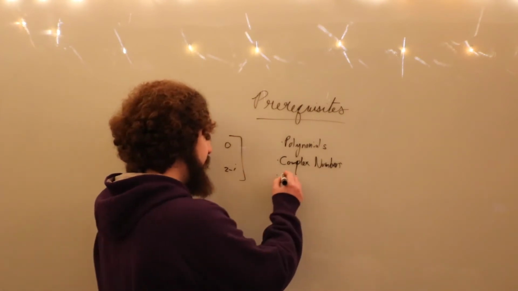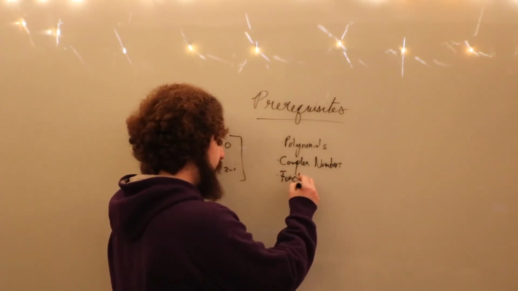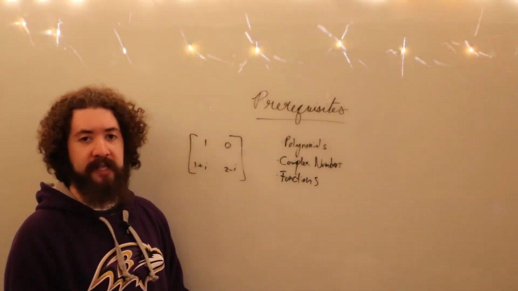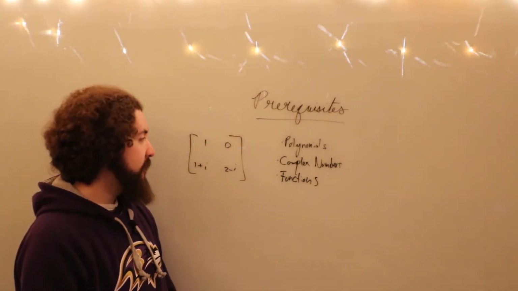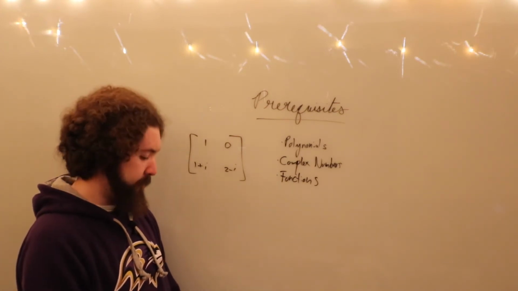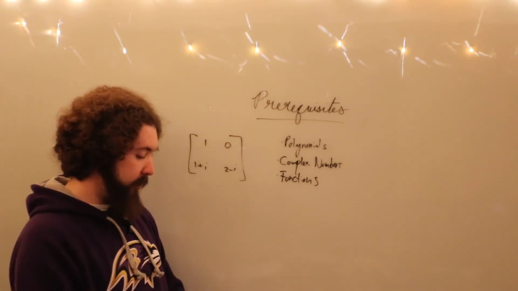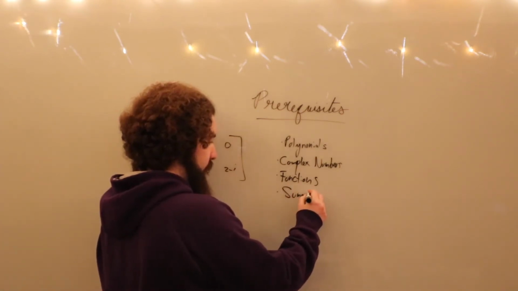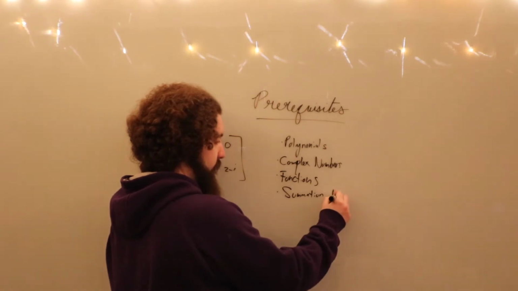Next thing is functions. Know what a function is, domain, range, independent and dependent variables. These are just math basics, essentially. Also, it will help you to know already what summation notation is.